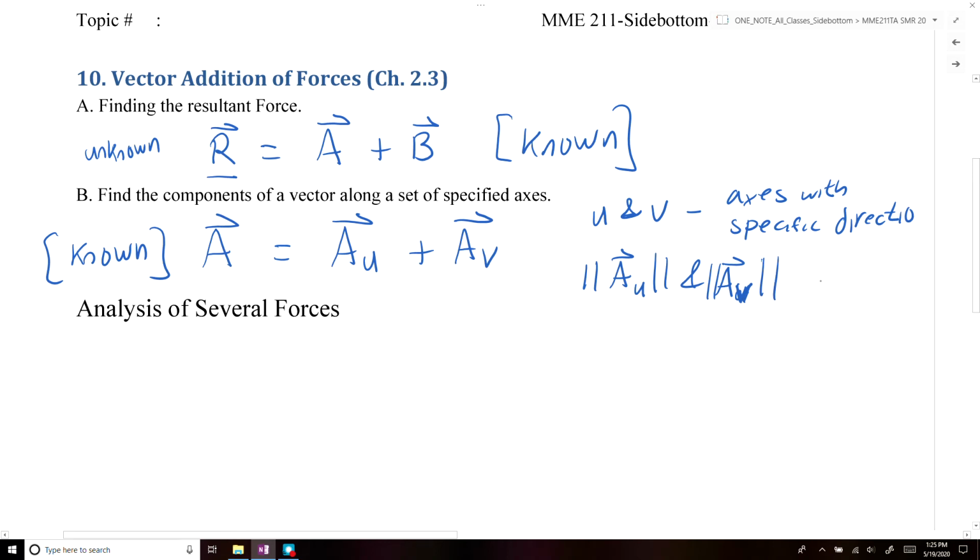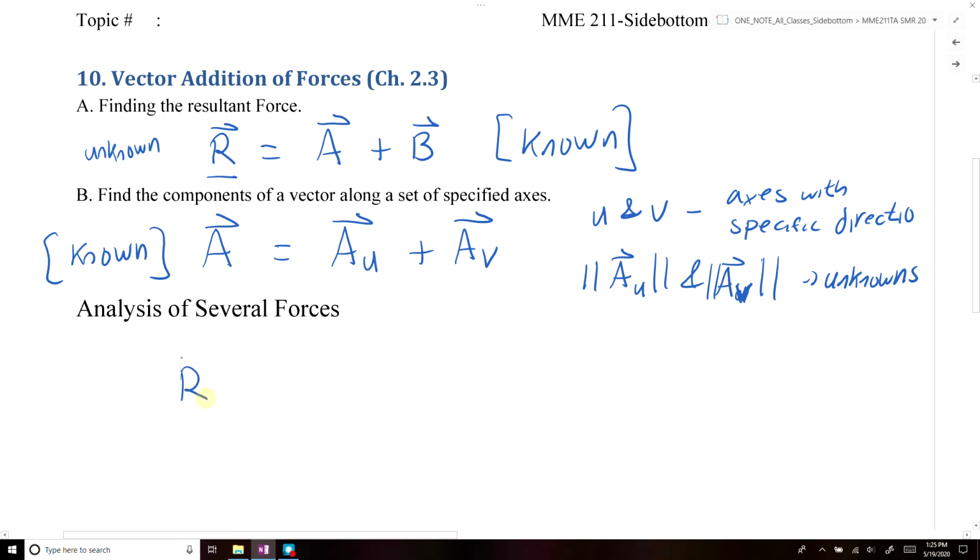So those are unknowns. In those types of problems you would solve for the magnitude of A_u and the magnitude of A_v.